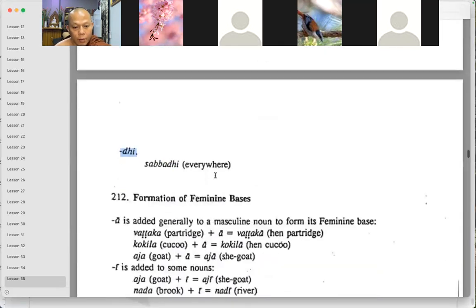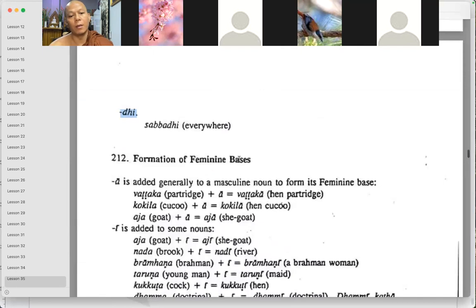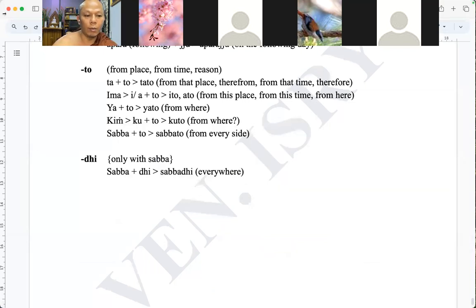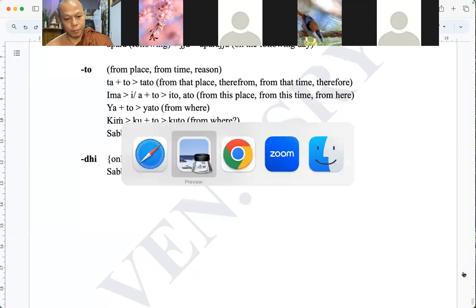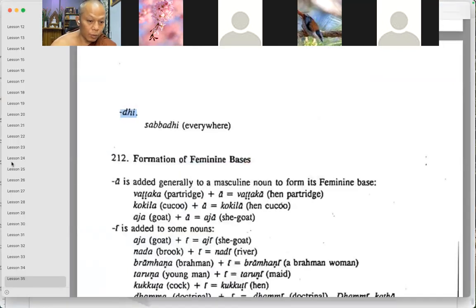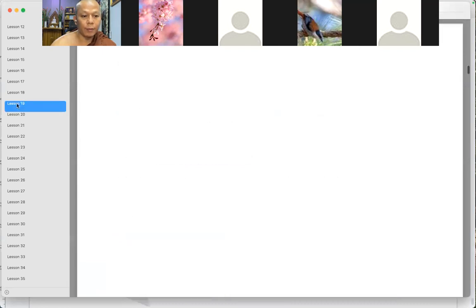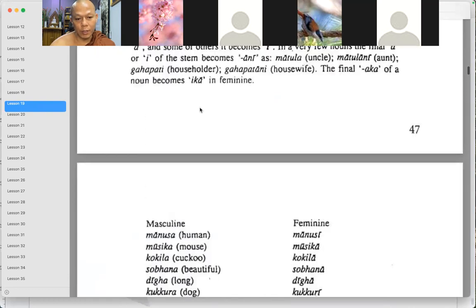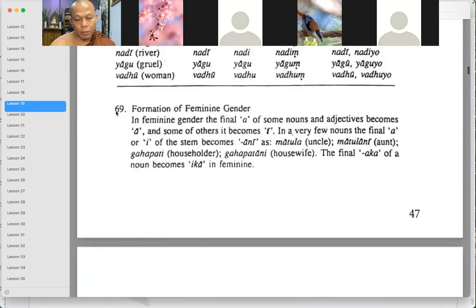And now next, feminine base. So that one also, maybe you may remember, in lesson 19, we already learned how to form the feminine gender. You see here, paragraph number 69 in lesson 19.